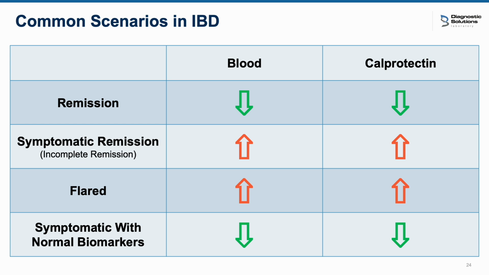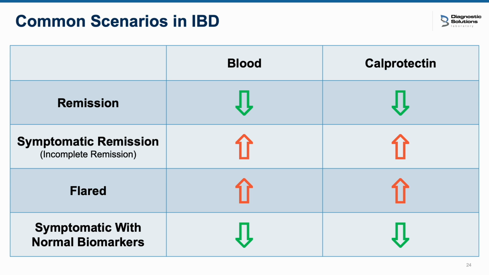Another state would be a completely flared, and we'll see this a lot, where similar to the previous slide, we'll see high blood, high calprotectin. And then a fourth state that is a little bit less common than the others is when somebody comes in with symptoms of inflammatory bowel disease and a previous diagnosis, but the biomarkers are normal. So you have normal blood and normal calprotectin. And this would generally indicate that what's going on is not inflammatory bowel disease.